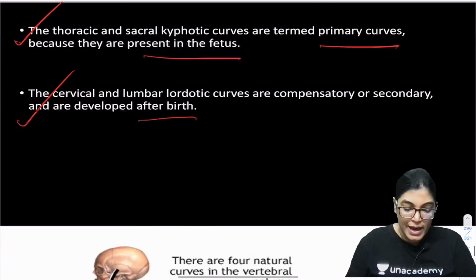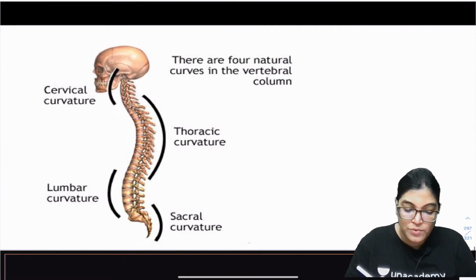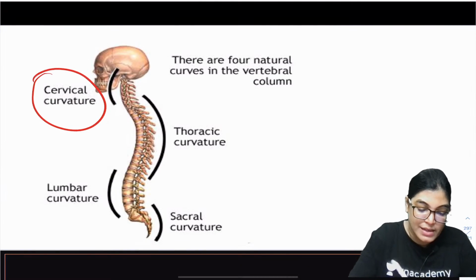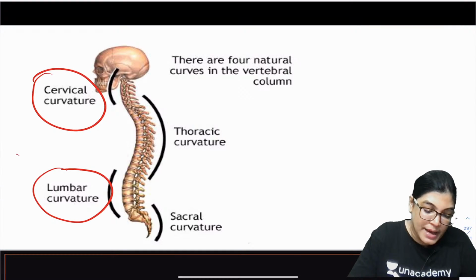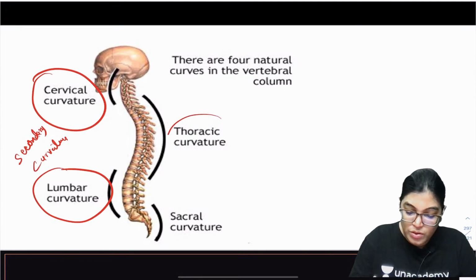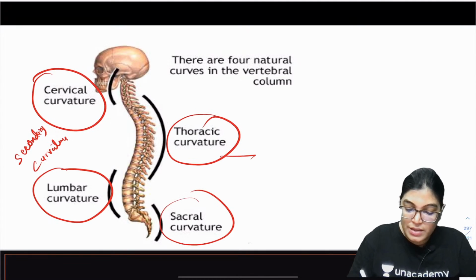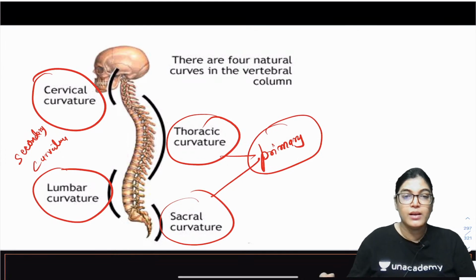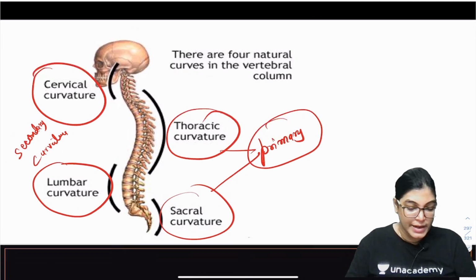See here in this diagram, we have 4 curvatures. The cervical and lumbar regions are secondary curvatures, and the thoracic and sacral regions are primary curvatures, same as the fetus. Got it? Let's move on to the next.